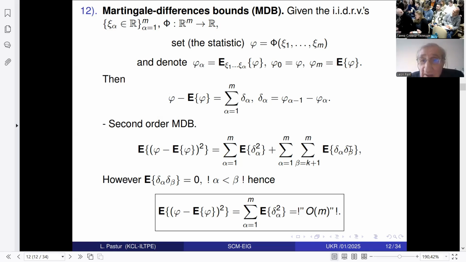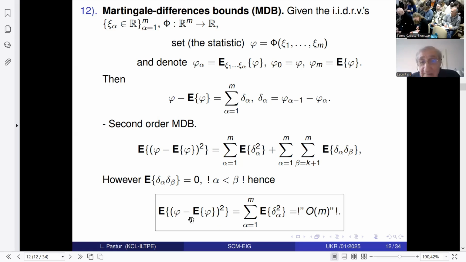And of course, it's again simple to write this formula because you have this sum of deltas, you take the sum squared, you single out the diagonal summation and the rest. And the quite important observation is that despite these phi alphas now being dependent random variables, you still have a bound similar to that in the independent case.